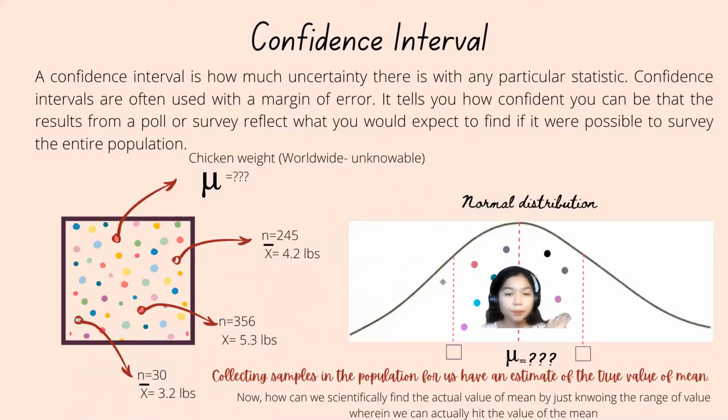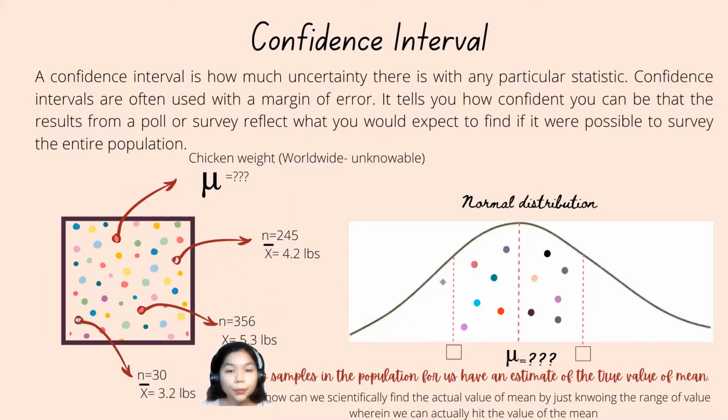Ngayon po, ito po yung ating gagawin. So, collecting samples in the populations for us to have an estimate of the true value of mean value. Ito po ang pagbabasihan natin para masabi natin na, okay, ito probably ang true value ng mean with a specific confidence level.